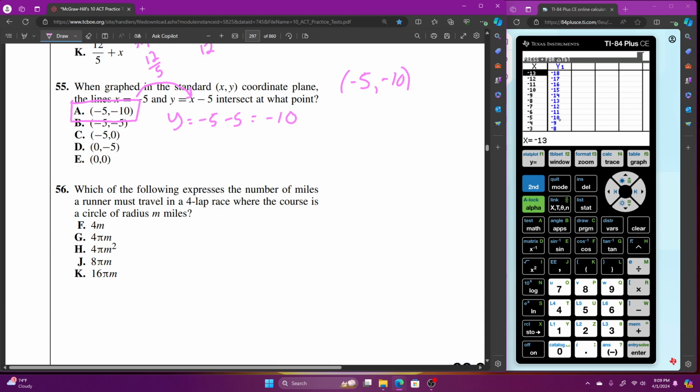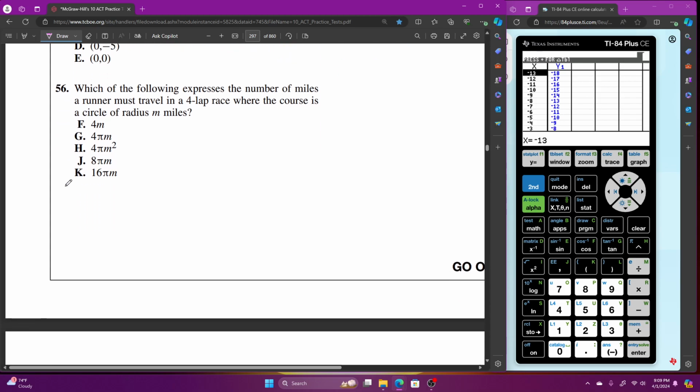Question number 56 says, which of the following expresses the number of miles a runner must travel in a 4-lap race where the course is a circle of radius m miles?